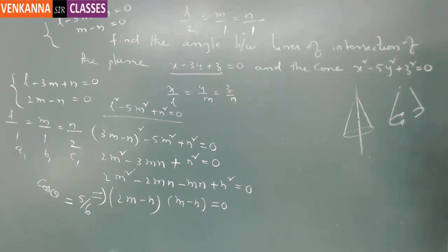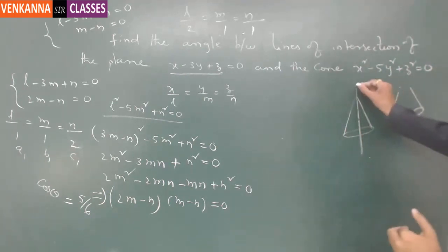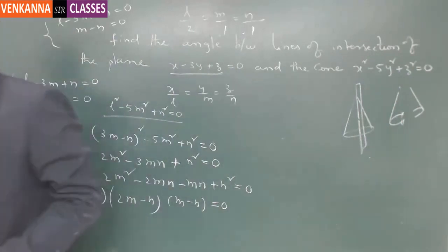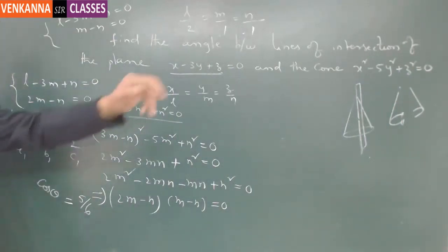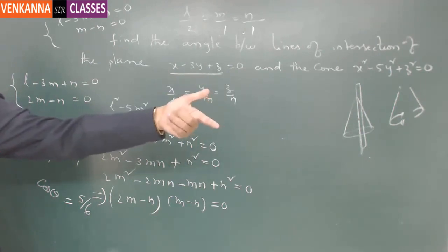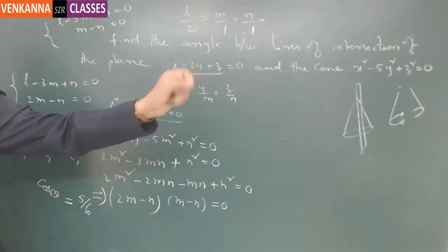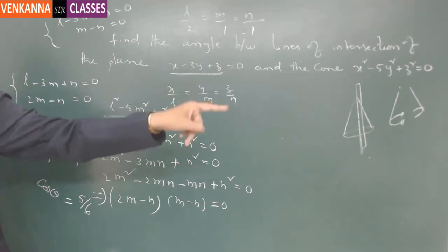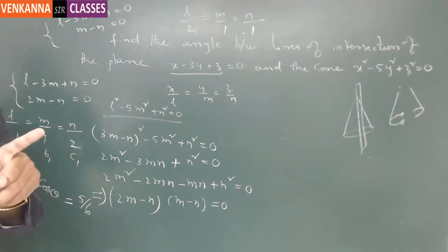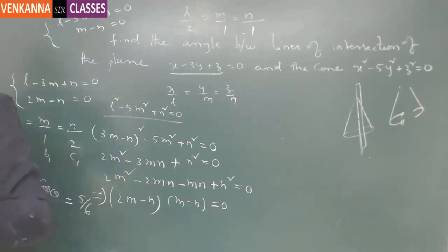So whenever a plane cuts the cone exactly at its vertex, now two lines are formed. How were they formed? It is the common part for the plane as well as the cone, as and when the plane passes through the vertex of the cone.